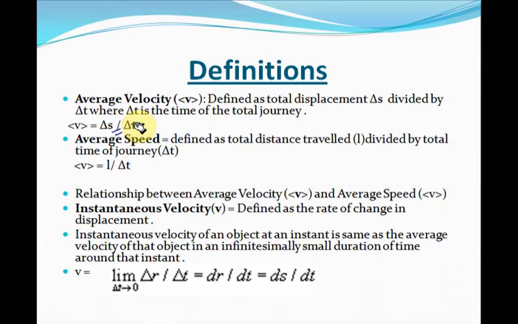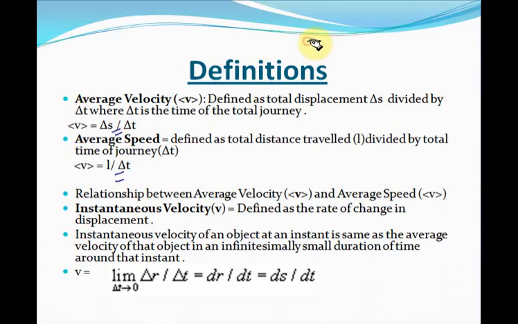Now let's come to average speed. Average speed is defined as total distance traveled divided by the total time of journey. So if the total distance traveled is denoted as L and the total time of journey is delta t, then the average speed will be L by delta t.